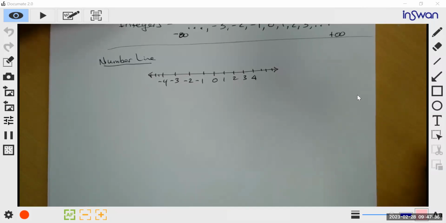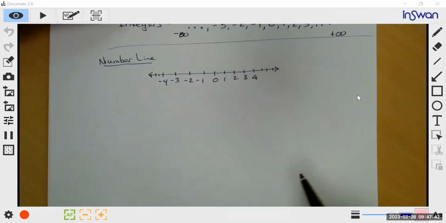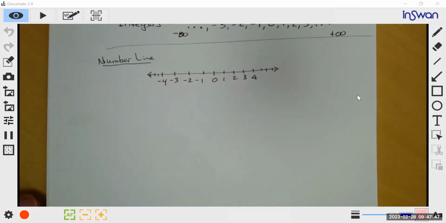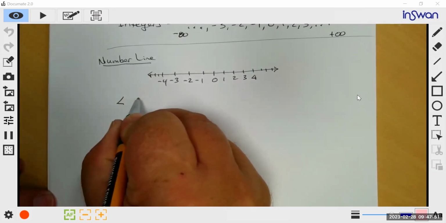Is everybody okay plotting numbers on the number line? If it's negative, it's to the left of 0. If it's positive, it's to the right of 0. If it's 0, it's right there. So I'm not going to waste your time with that. But we do have to discuss these symbols.